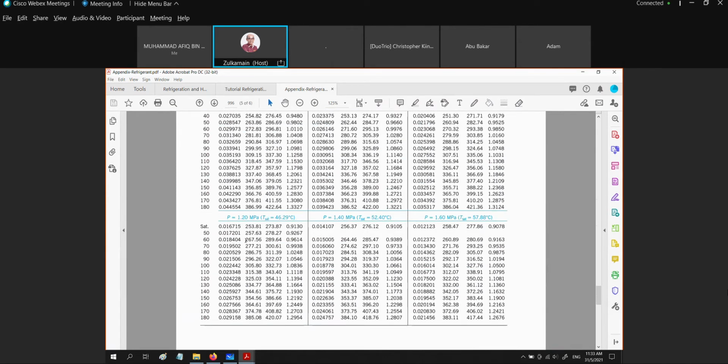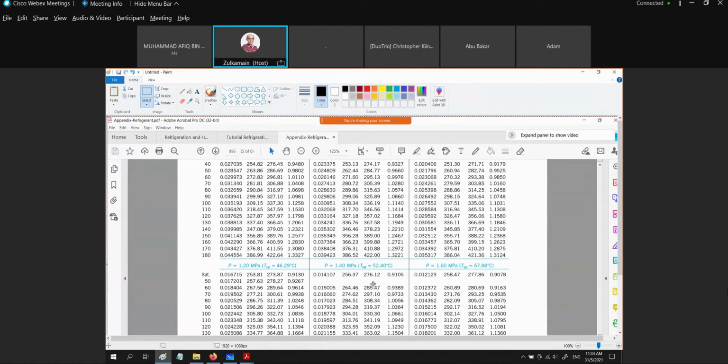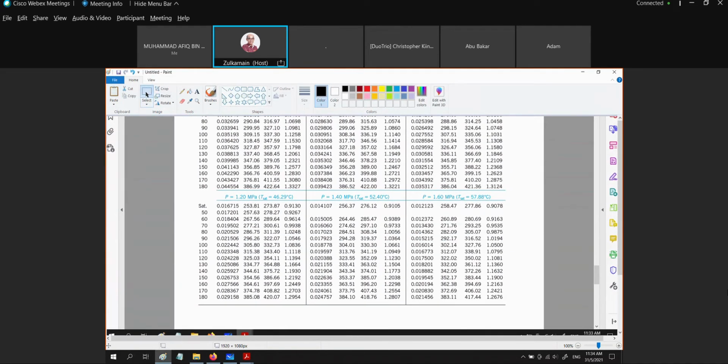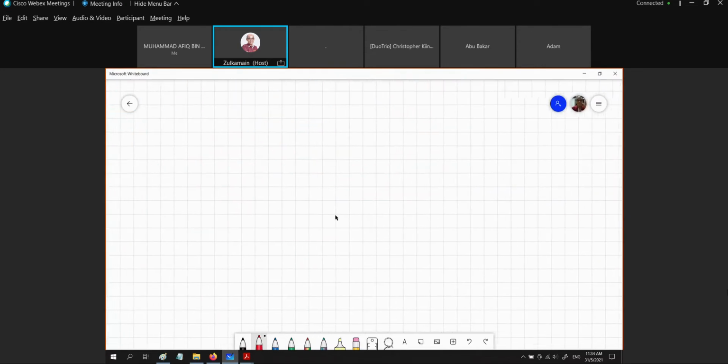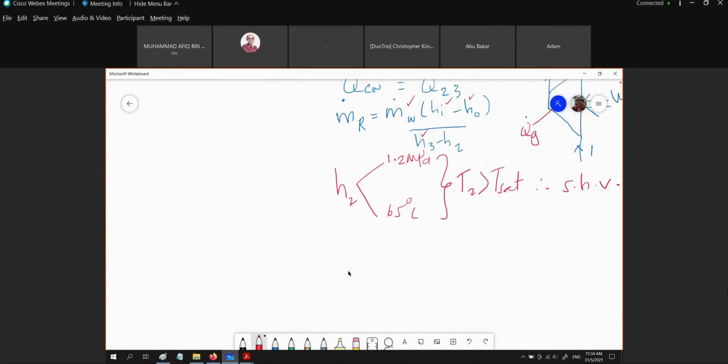Okay, 65 is not tabulated, so what we have to do is make an interpolation. So for 65, we want the enthalpy.